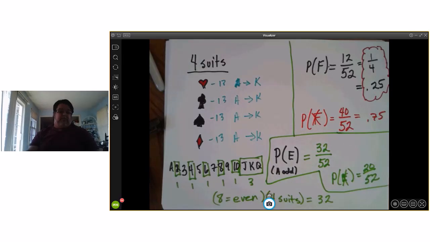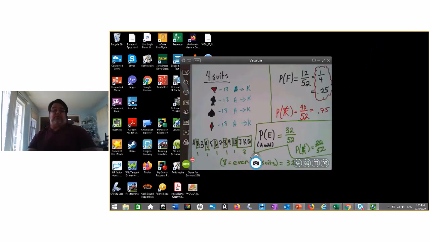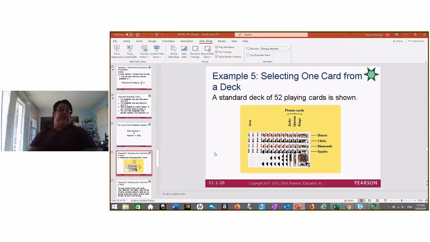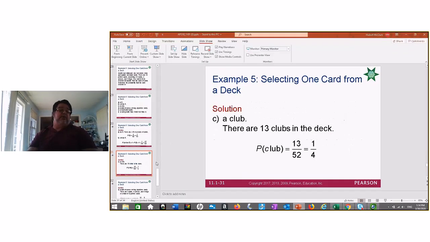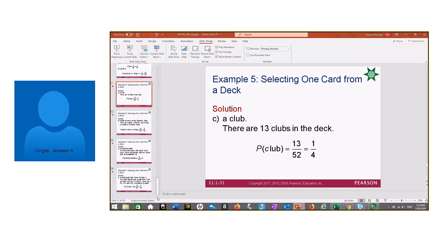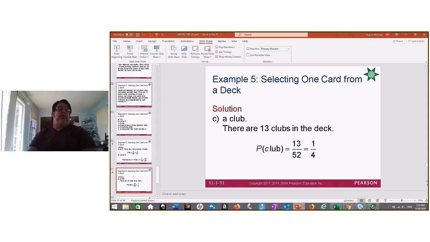All right. So let's see where that leaves us as far as the 11.1 goes. So I think the only thing they're going to ask us to do next is odds. Let's see. I want to see how many. Let me go back.